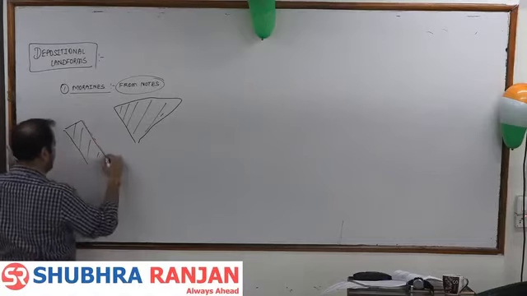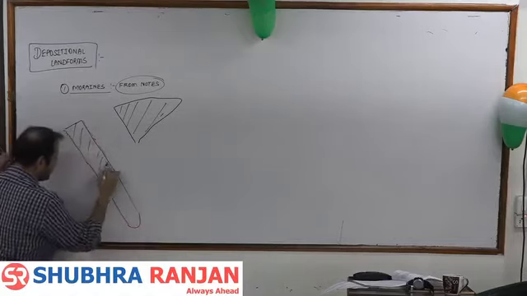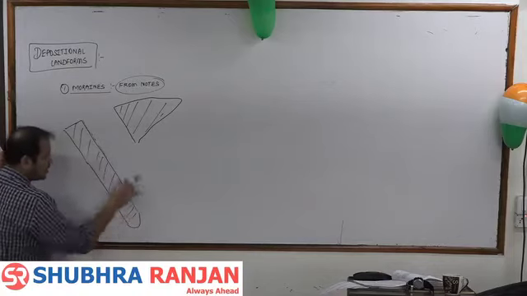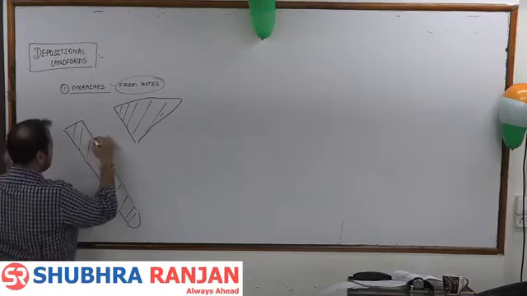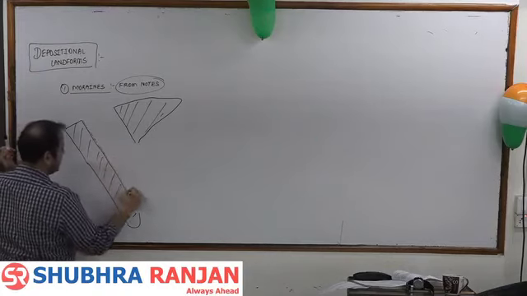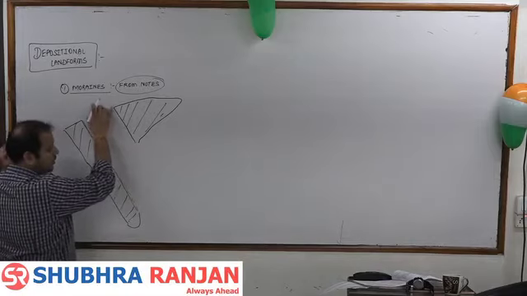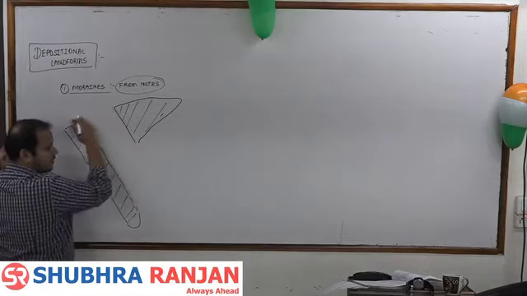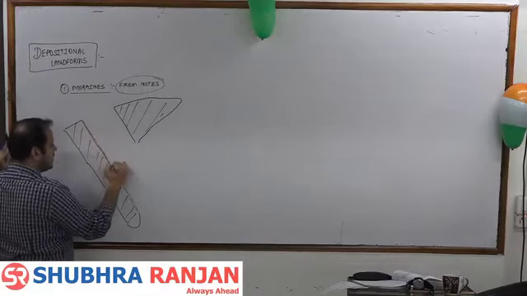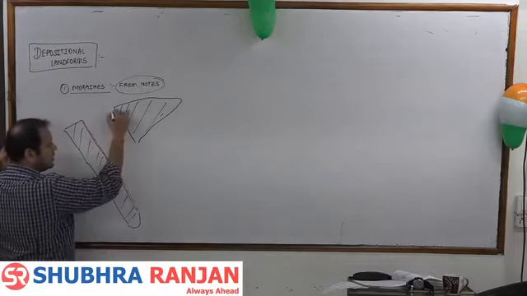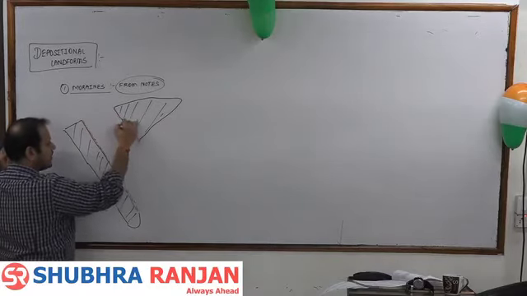I'll take an example like this. This is a mountain range and the glacier is coming like this. So the sediments will be deposited along the sides of the mountains. Why? Because, see, this is a top view. The glacier is coming down, it is eroding, and therefore we will find some sediments being collected here, and this is one kind of moraine. Similarly, here there will be sediments collected.